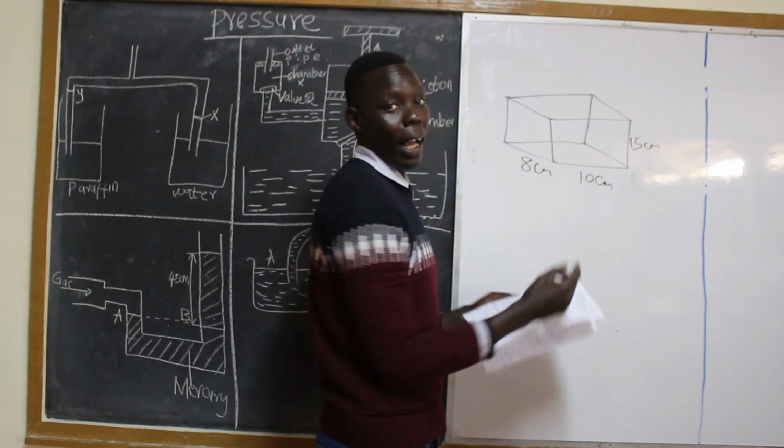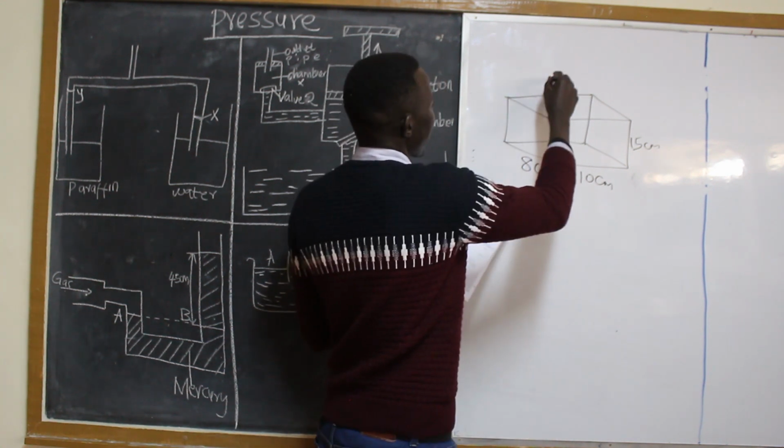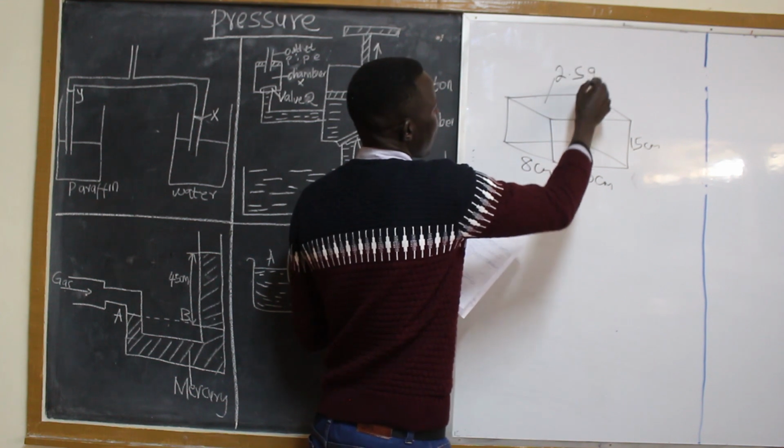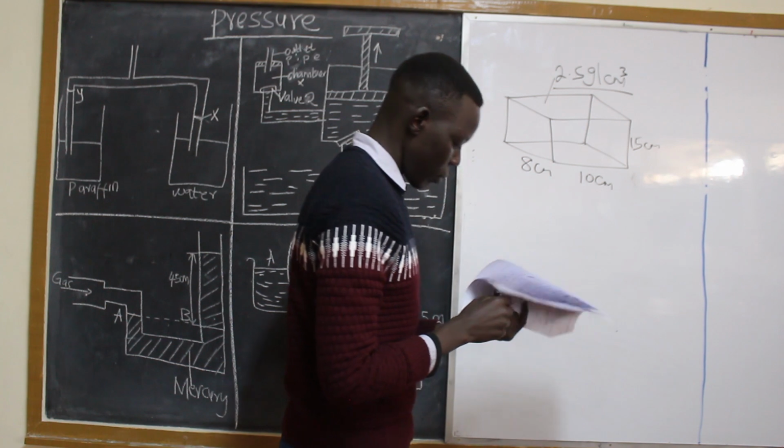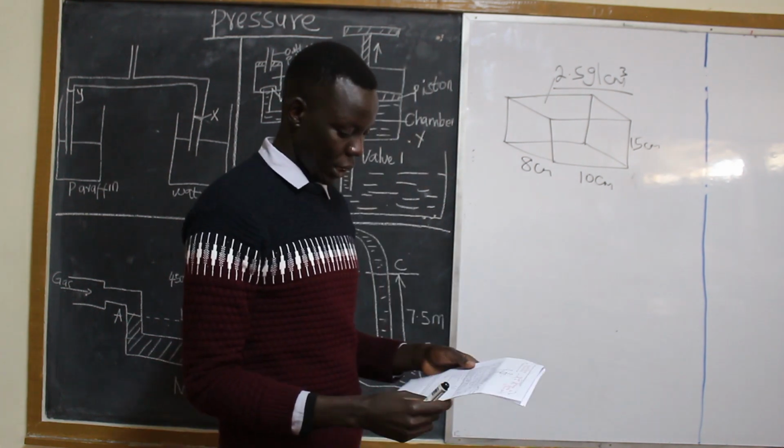We are told this particular glass block has a density of 2.5 grams per centimeter cubed.